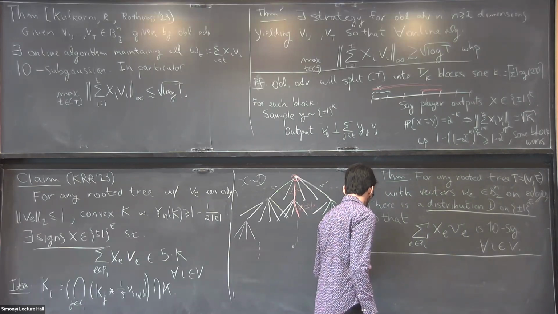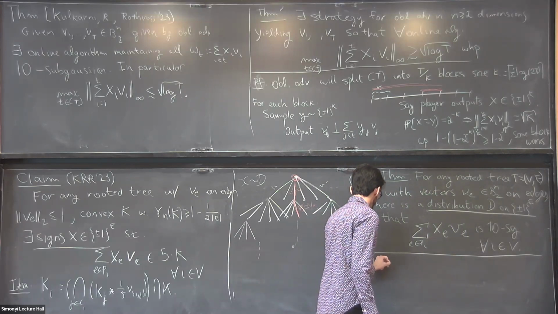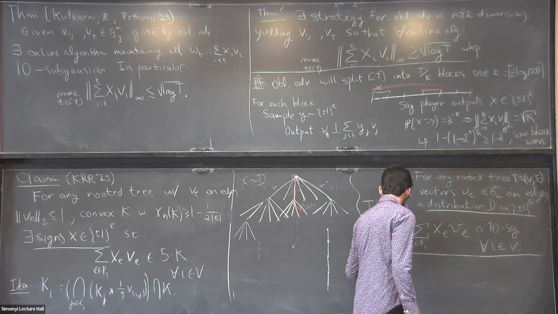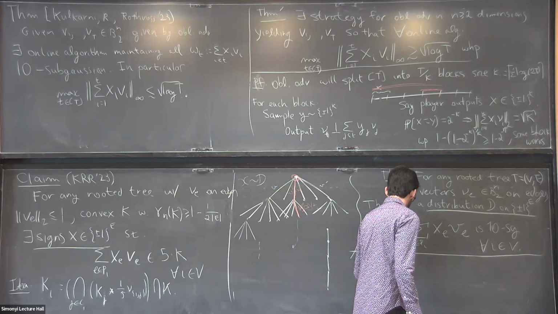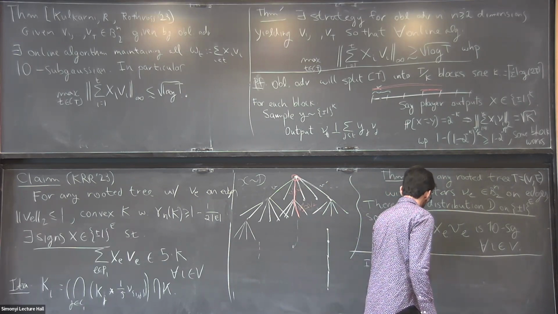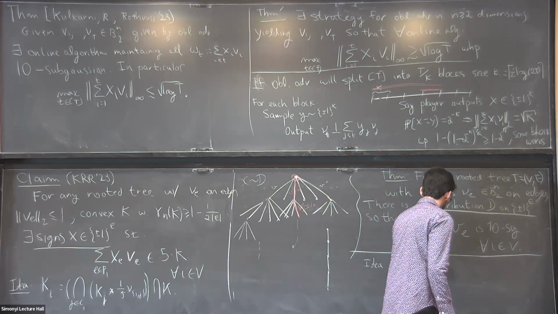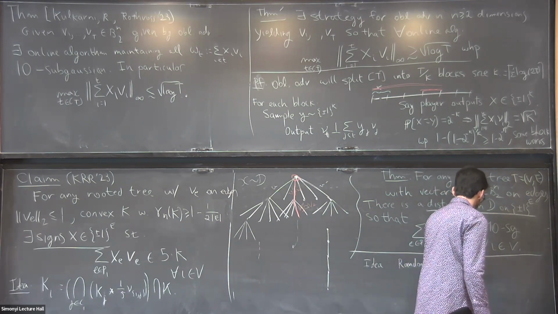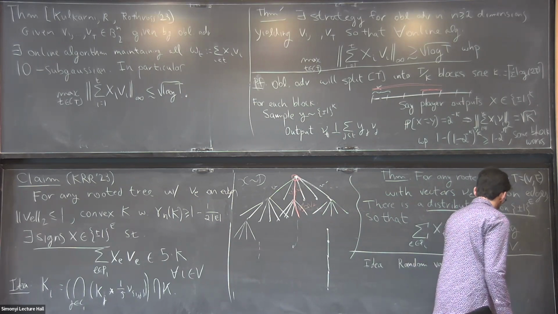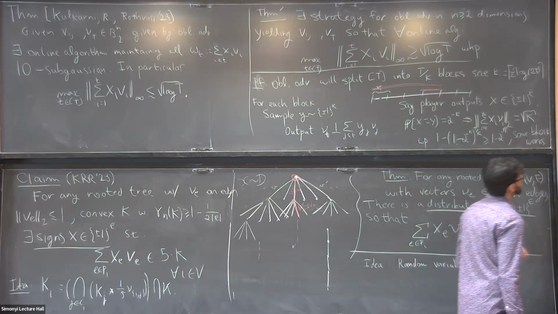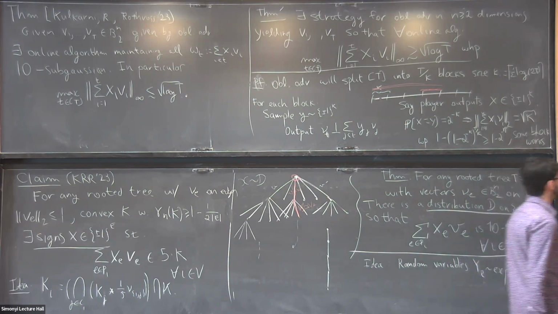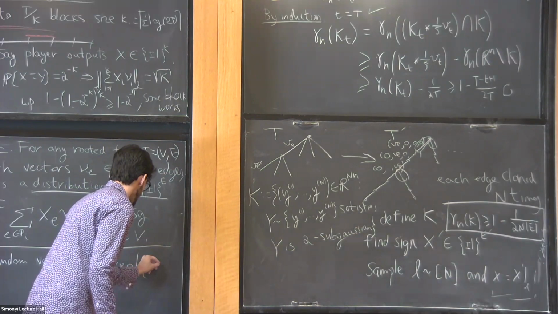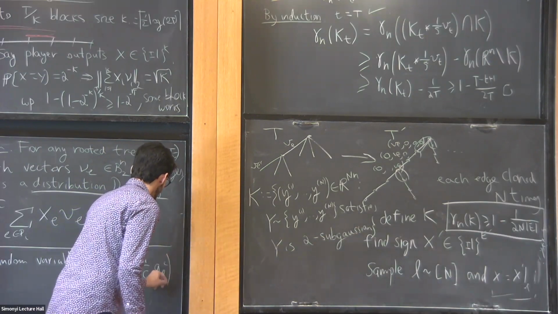So the idea here is that if I take random variables that are distributed as, well, the sub-Gaussianity here will come into play by this kind of variable here.